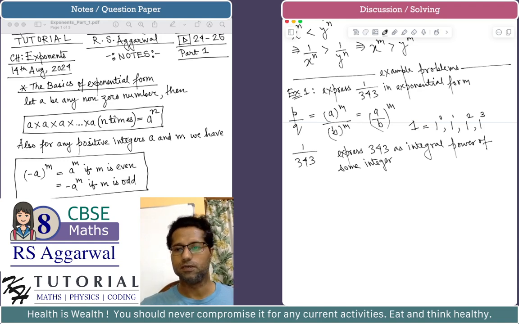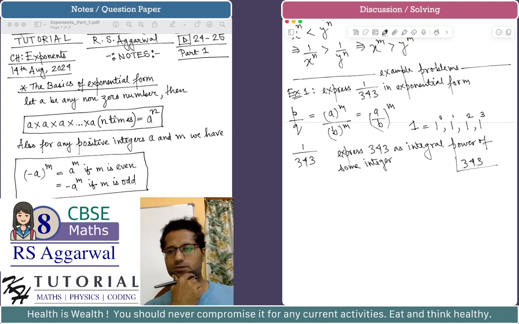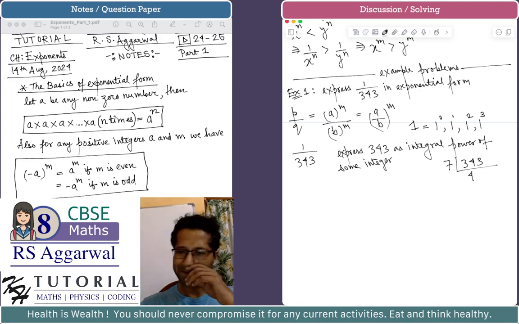So 343 doesn't divide by 3, or 5, or 6, but it divides by 7, giving 49.